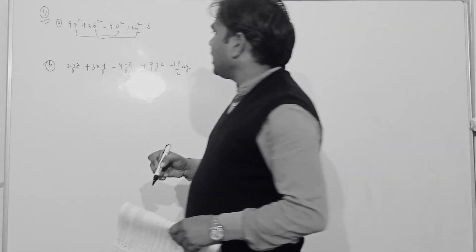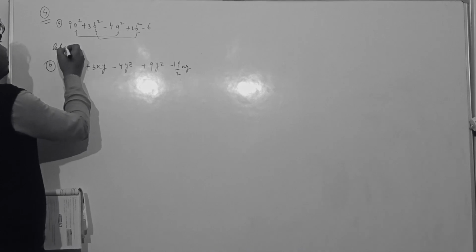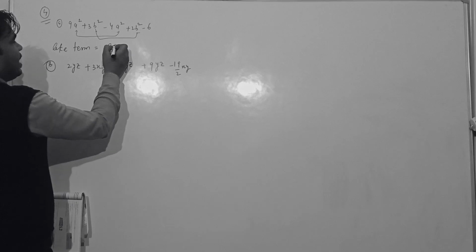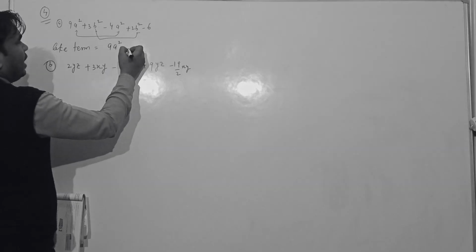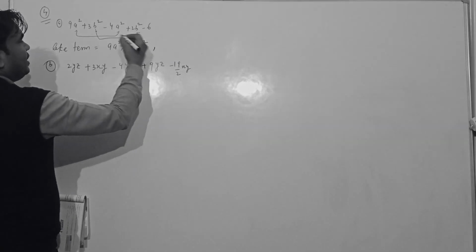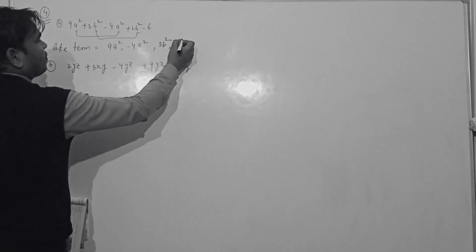So we can write the like terms: 9a square and minus 4a square, and 3b square and 2b square.